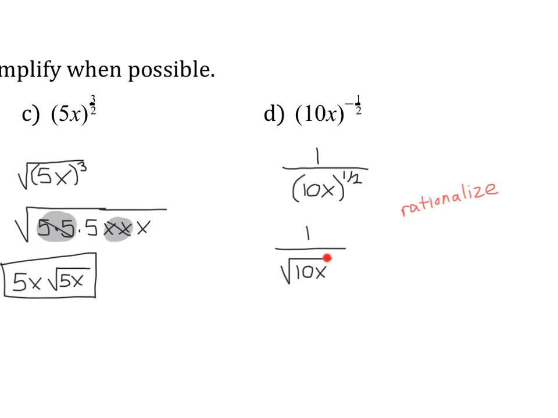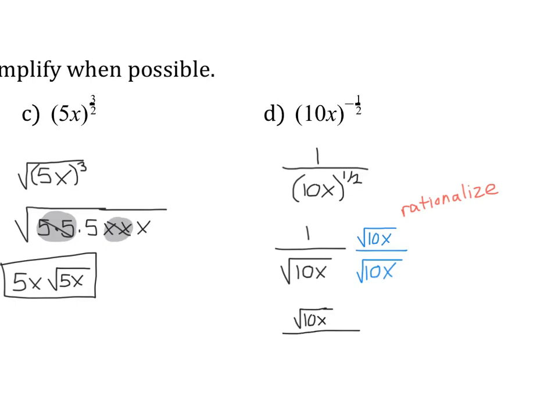When you have a square root, our goal is to create a pair so it disappears. So we just need to multiply by the square root of the same thing. Now we have a pair, but I can't just multiply on the denominator. I need to do the same thing on the numerator, like this. My numerator becomes the square root of 10x.